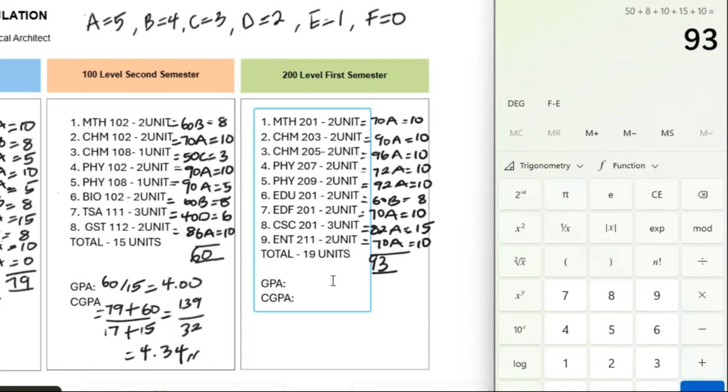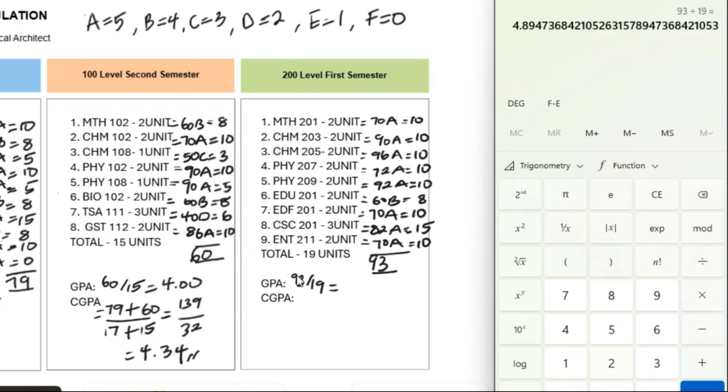So which is still 93. So the GPA for that semester will give us 93 divided by 19. This will give us 4.89. That's your GPA for that semester.